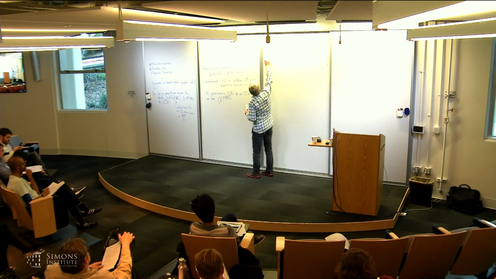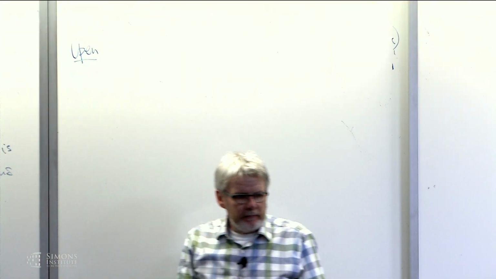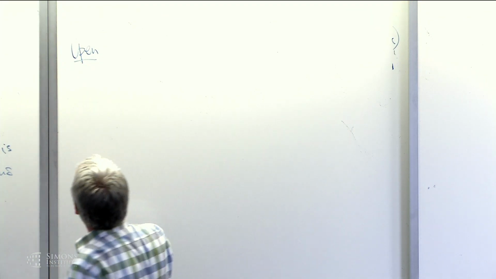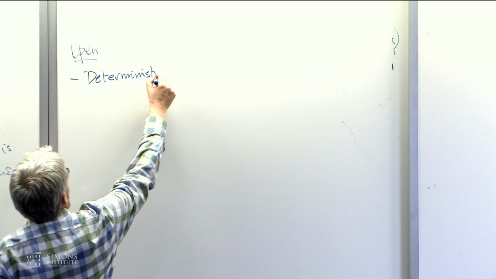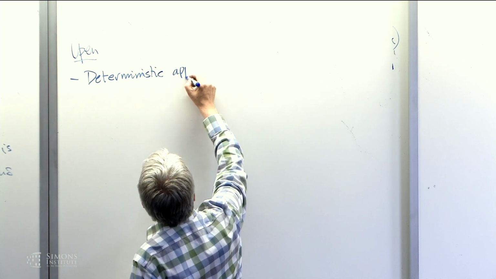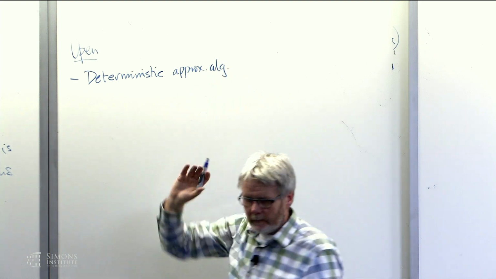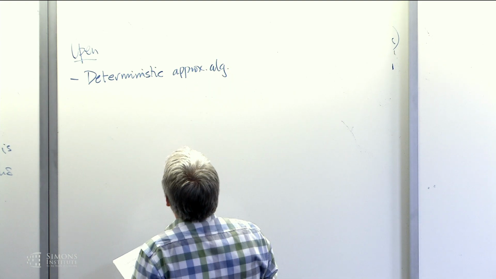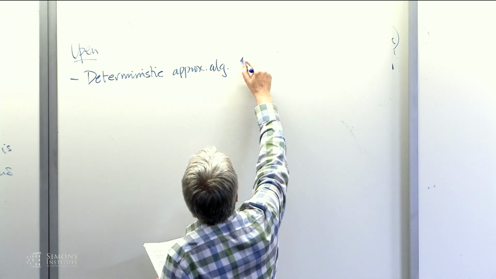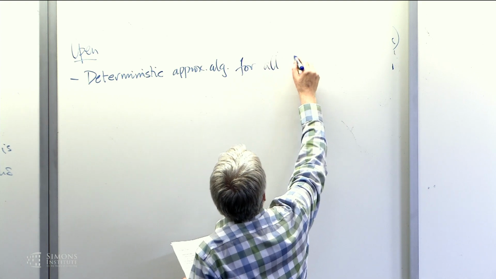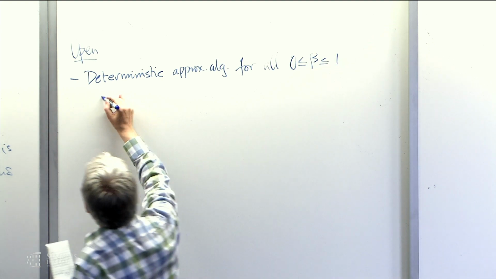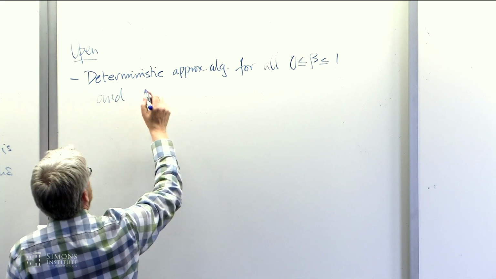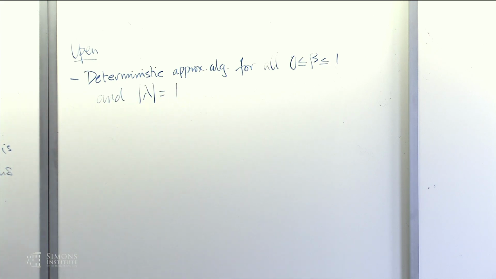Right, so very, very obvious, but probably not easy open problems. We want a deterministic approximation algorithm, giving a 1 plus or minus epsilon approximation in polynomial time, for all values in the ferromagnetic range of beta, and at the bad value of lambda, as we get to zero field.